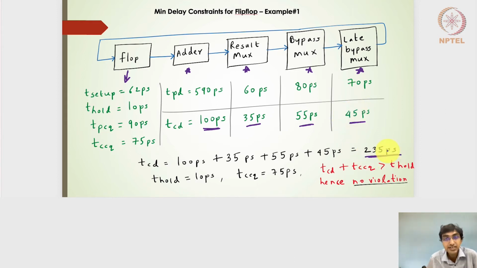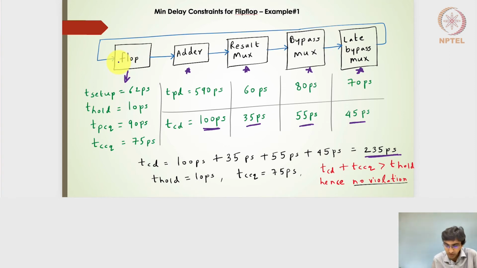So that will be the contamination delay of all the 4 blocks which are in cascaded stages. And then the output of that is going to the flop 2. So what we are expecting is that the first clock output will give me this particular input to the adder circuit block, and then the output of this late bypass mux should be captured into the flip-flop design only in the second clock or the third clock, and it should not get captured within the first clock itself.